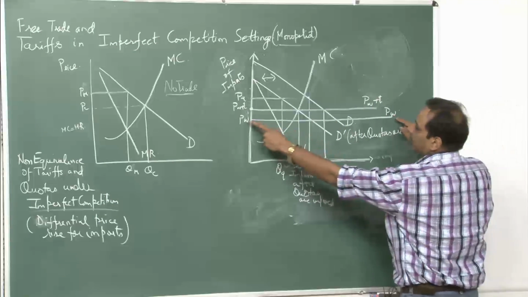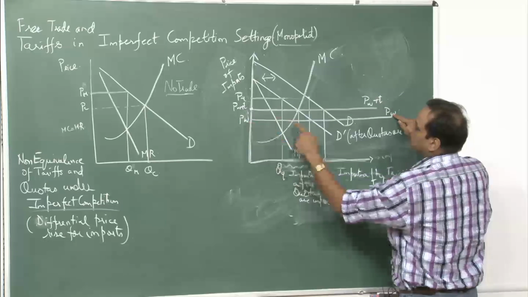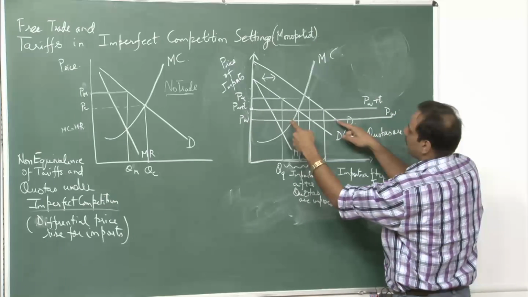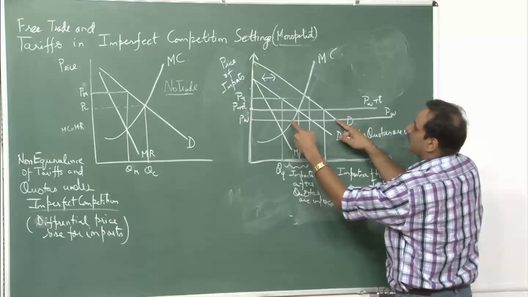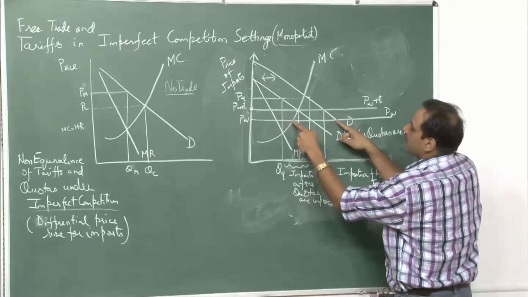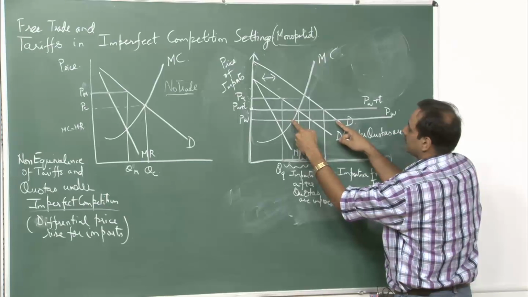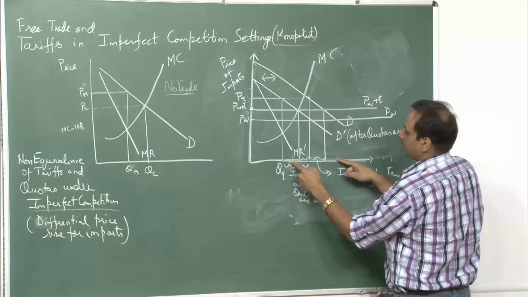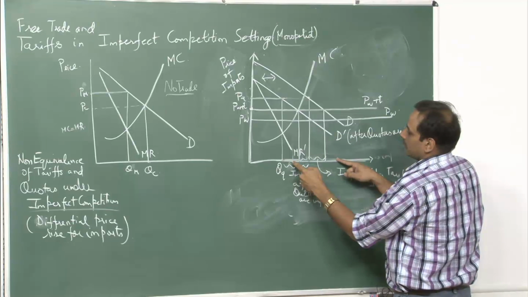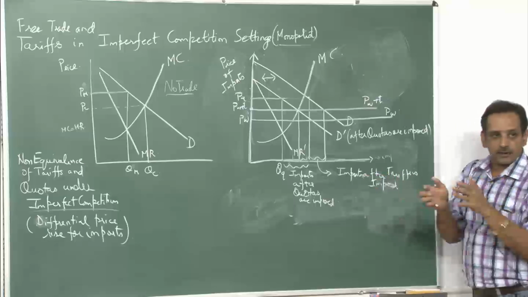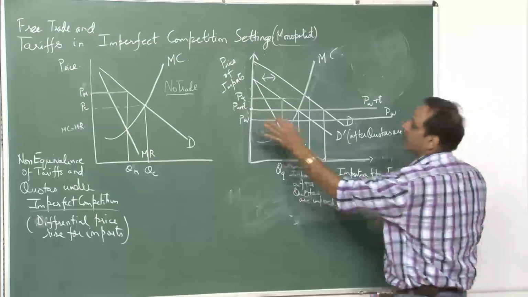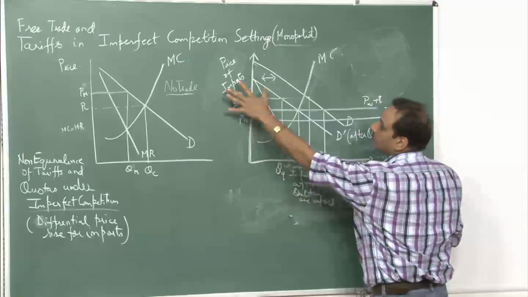You can see if this was the world price, then your free imports would have been where MC cuts MR here, so this would have been your free imports. But when you start restricting imports, it can be done through tariffs, it can be done through quotas.